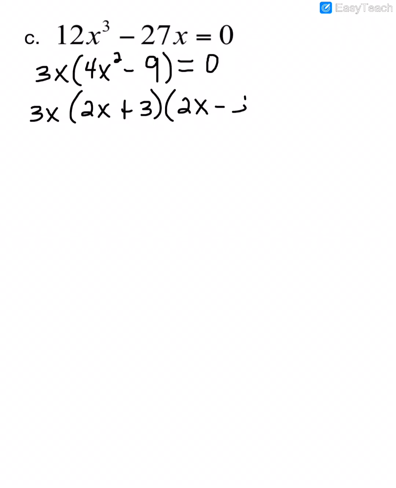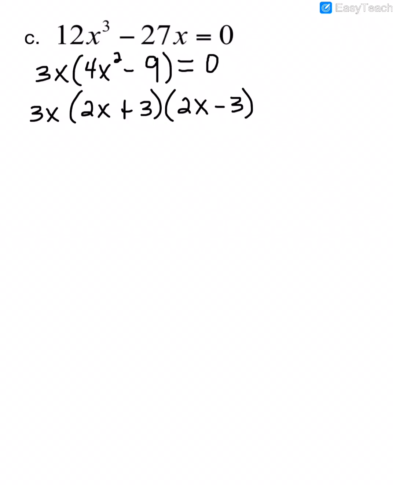So again, if you were just solving this equation and you weren't told what method you needed to use, you could go ahead and, at this point, set each factor equal to 0, and then that 4x squared minus 9, you could solve it. Once you set it equal to 0, you could use the square root method to finish it. It really doesn't matter.